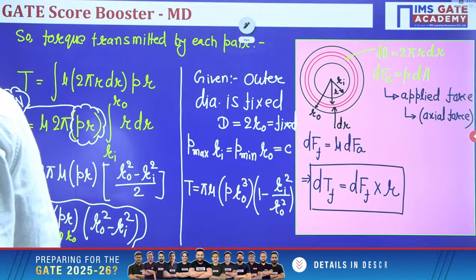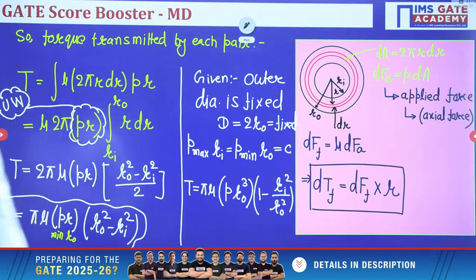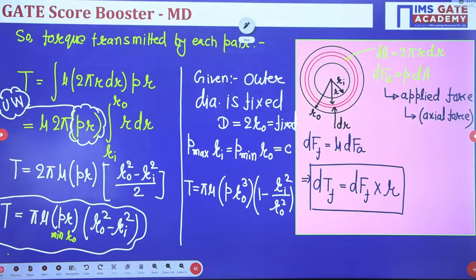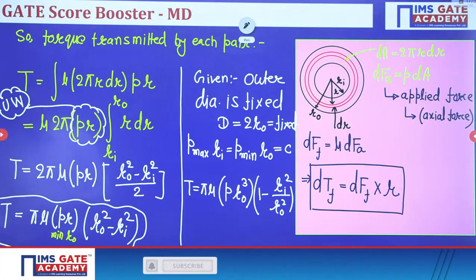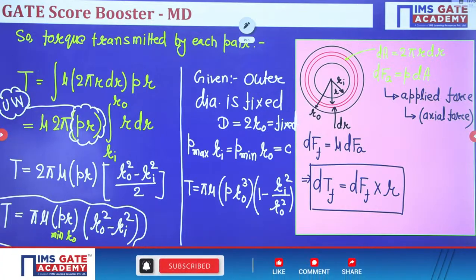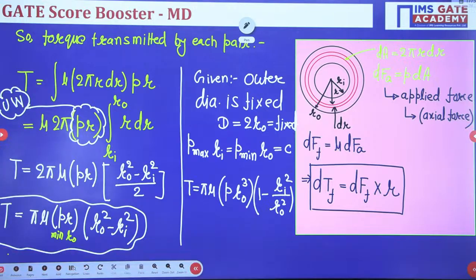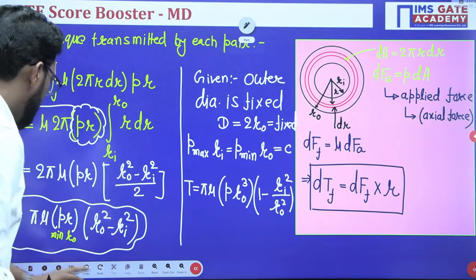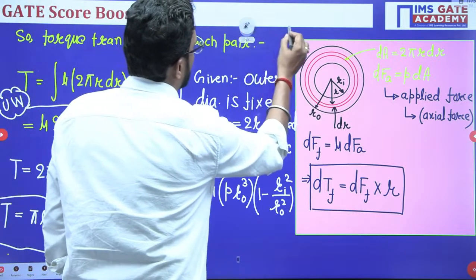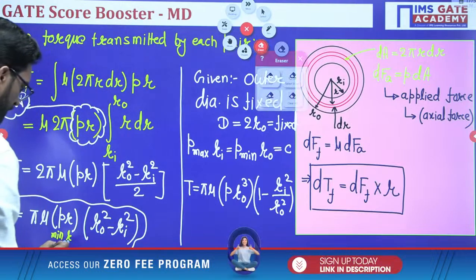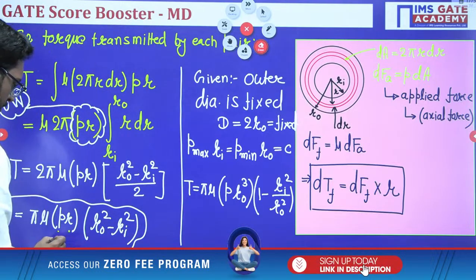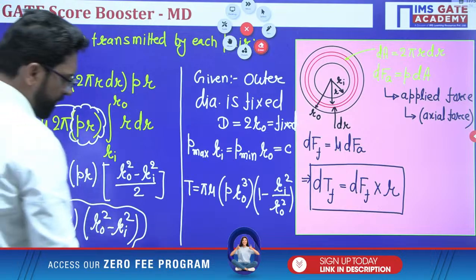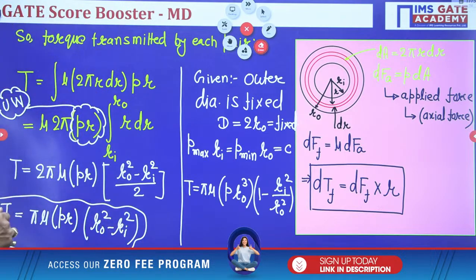See, there is one thing: Ri by Ro, you take as X. Now my dear, which value do you have to take here?